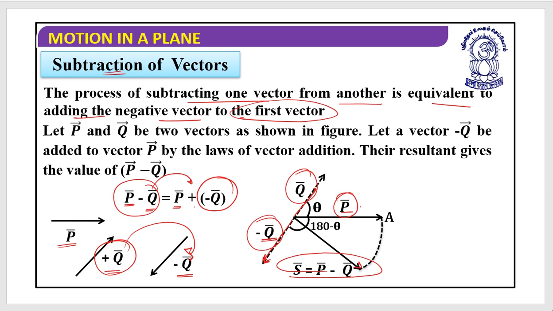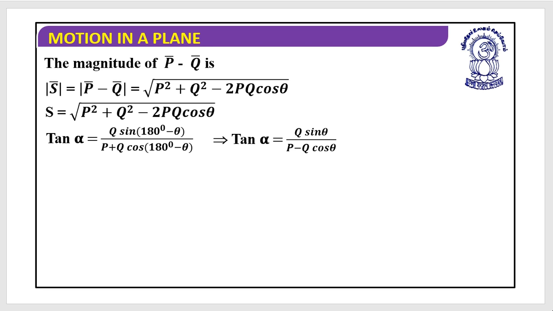So the magnitude of p minus q, s equals mod of p minus q, equals under root of p square plus q square minus 2pq cos theta. And its angle with the x axis, tan alpha equals q sine.